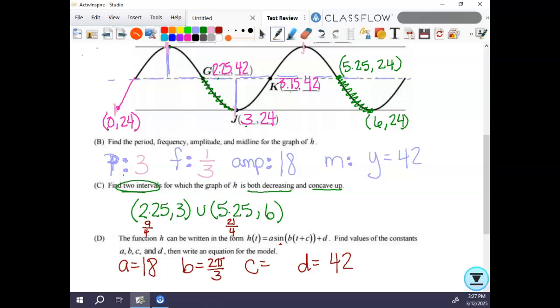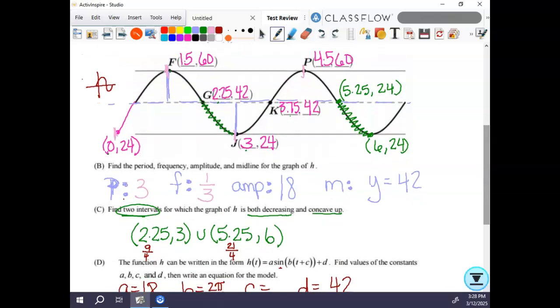So sine would have to start here, on the midline. So basically that would be starting here and getting one cycle of sine like this.